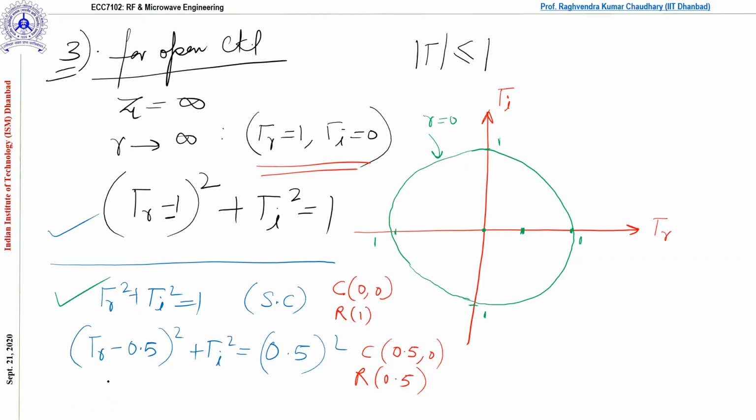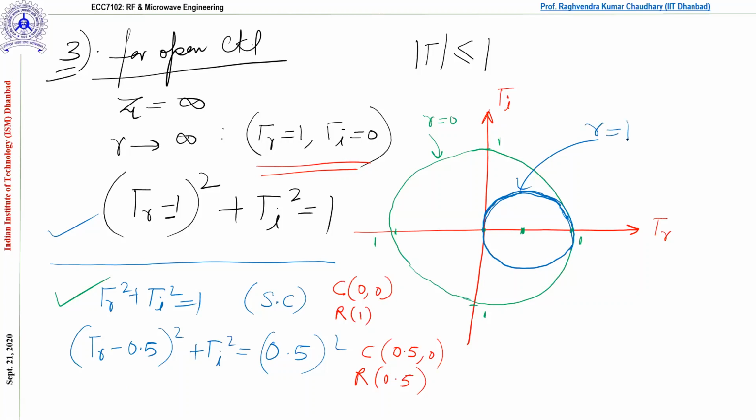So I'm taking the different color, and with these things we can draw a circle here like this. Okay. Fine. So this is what? This is actually for matched load case. ZL is equal R0 or these things, or we can also say this R is equal 1. Correct? R is equal 1.